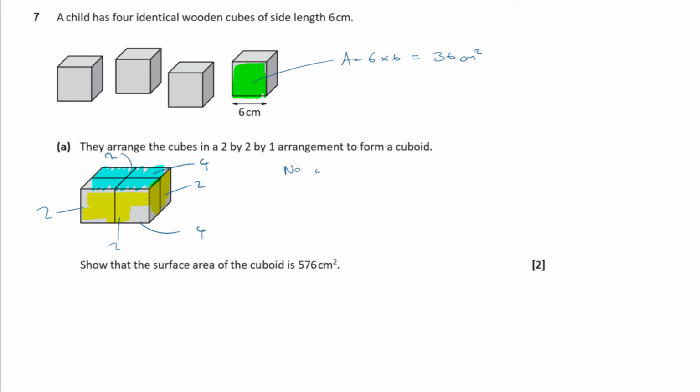So number of faces is going to be 4 plus 4 plus 2 plus 2 plus 2 plus 2, which comes to 16 faces. So then the total surface area is going to be those 16 faces multiplied by the 36 area of each face.